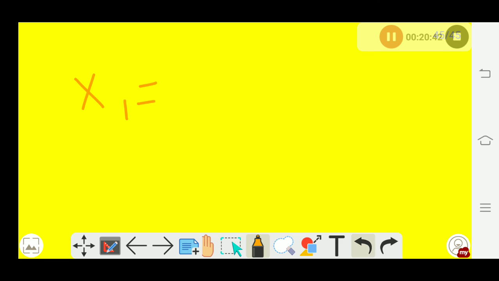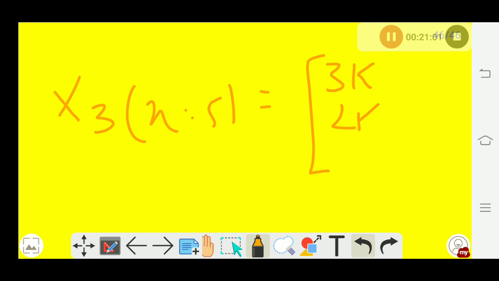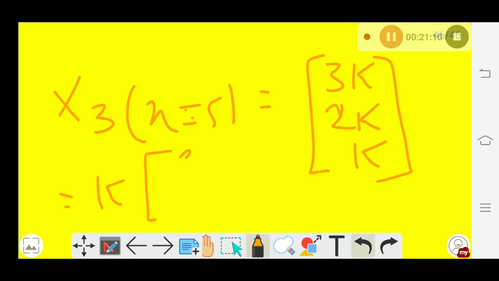Easy, no? So x3 corresponding to lambda 5 gives you 3k, 2k, k. So k equals 3, 2, 1.